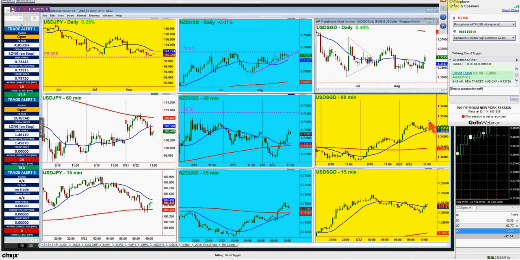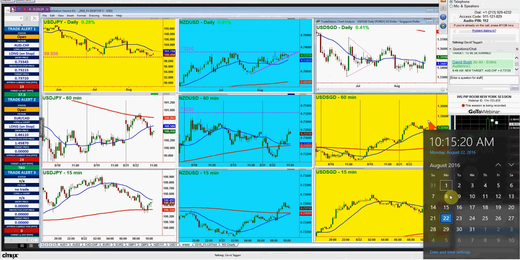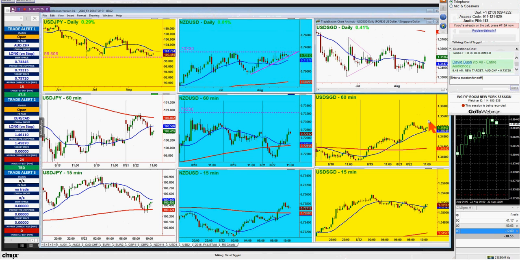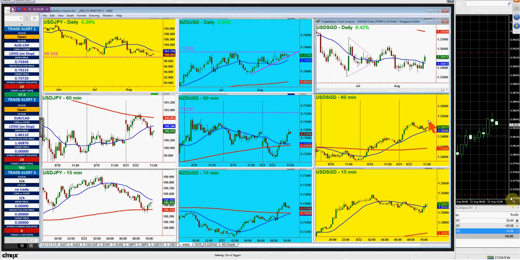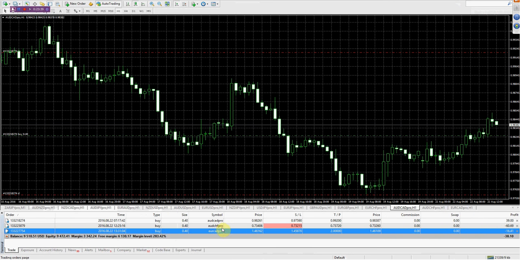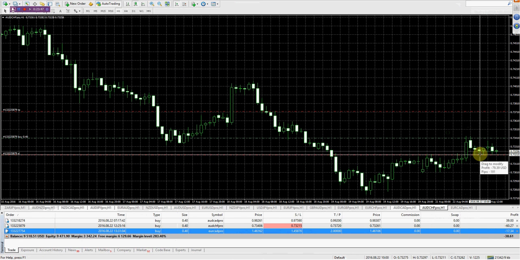Random fact. All right, folks, it is now 10:15, as you guys can see here. So far in the day, we've been up about $30, and we've also been down about $30, which is where we're at right now. So nothing major has happened here. Let me see on this AUD Swiss franc trade. That is a buy, and that's gotten pretty close to our stop on several occasions here, as you guys can see.